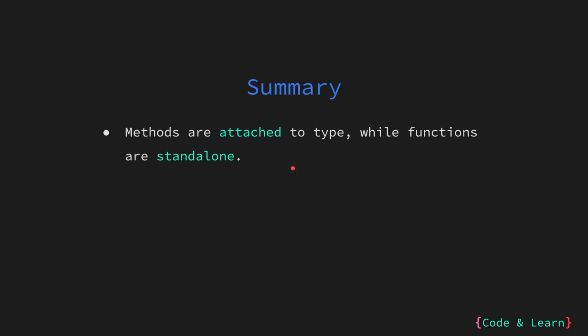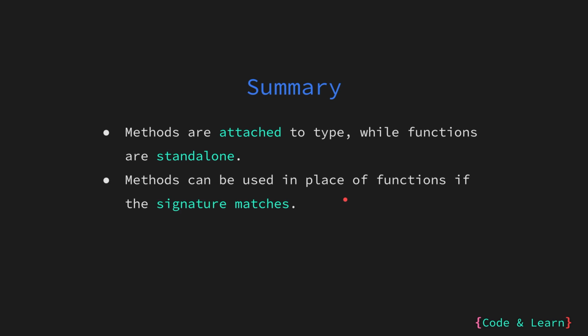They can be defined independently of types and can be called from anywhere in the code. Since methods are functions with an additional receiver parameter, they can be used whenever a function with a matching signature is expected. If the signature of the method matches that of a function type, you can use the method as if it were a function. But as we saw in the example, you need to call it on the instance of the type.